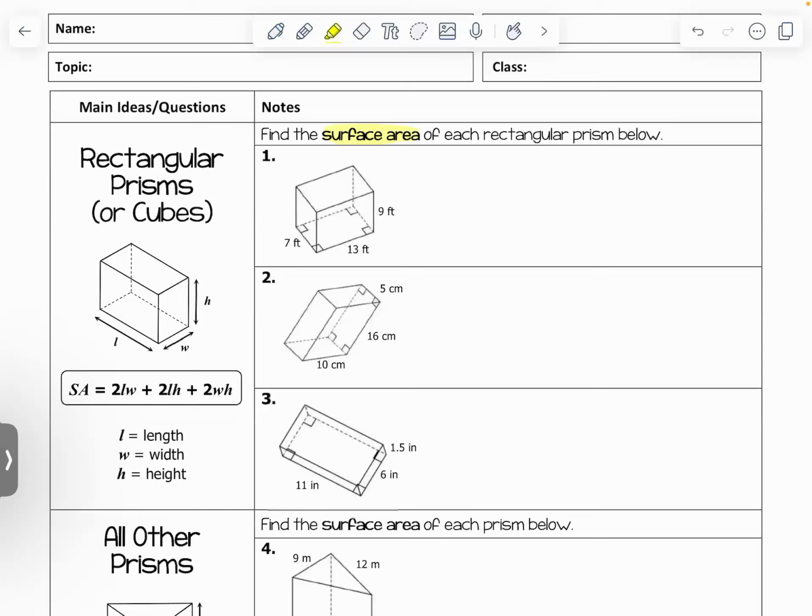Okay, so here's the deal, people. I am not going to rely super heavily on formulas.